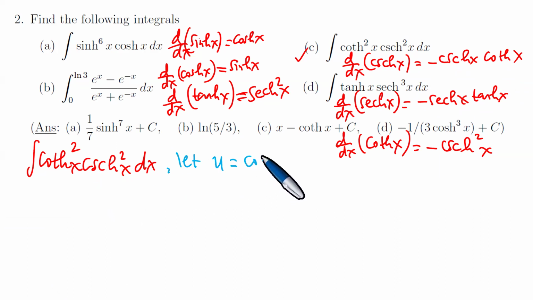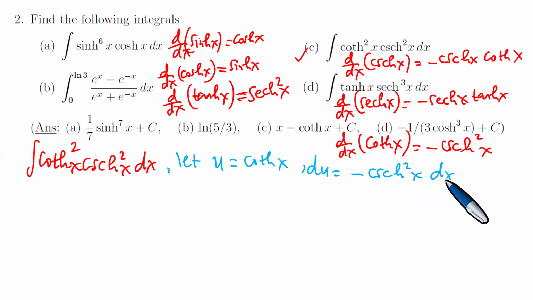So we let u be the coth of x. The du is the derivative of the coth, which is minus the hyperbolic cosecant squared of x dx, meaning that wherever it's coth you put u, so it's going to be u squared, cosech squared x dx.